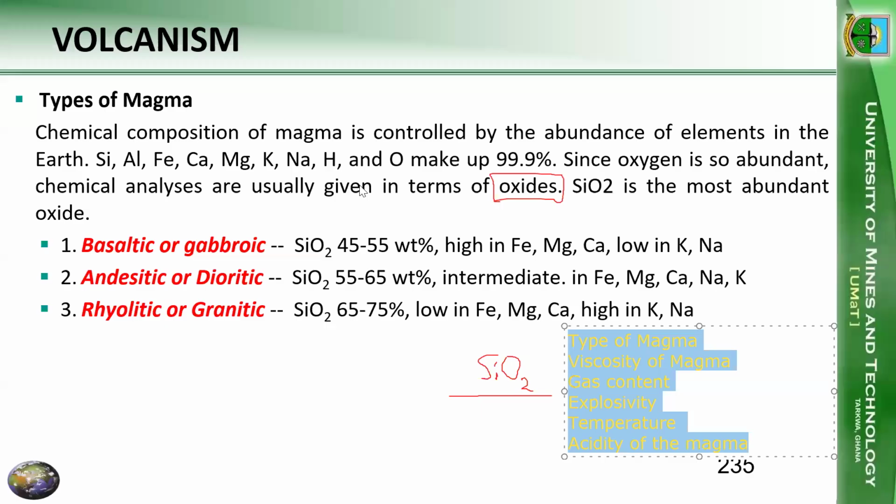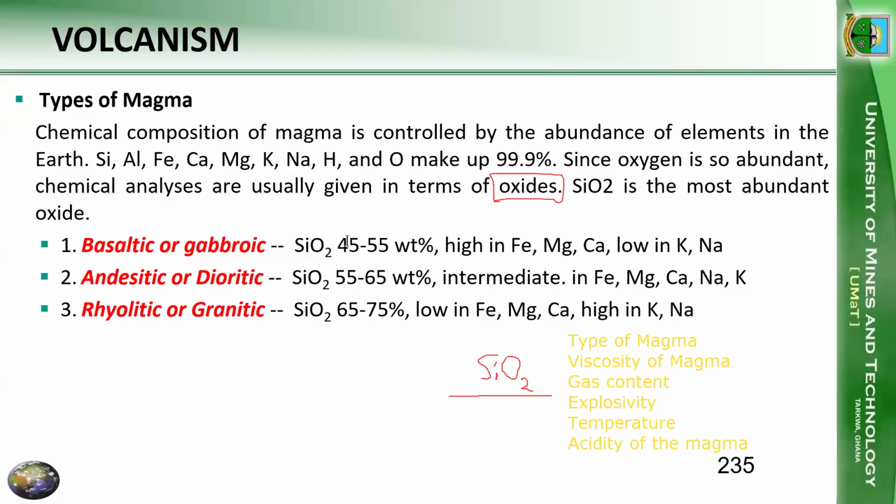So the first one we are going to talk about now is the type of magma. We can look at 3 different types of magmas, based on the silica content. We have the basaltic magmas, and they have silica content between 45 to 55%. So we call these the basaltic magmas.